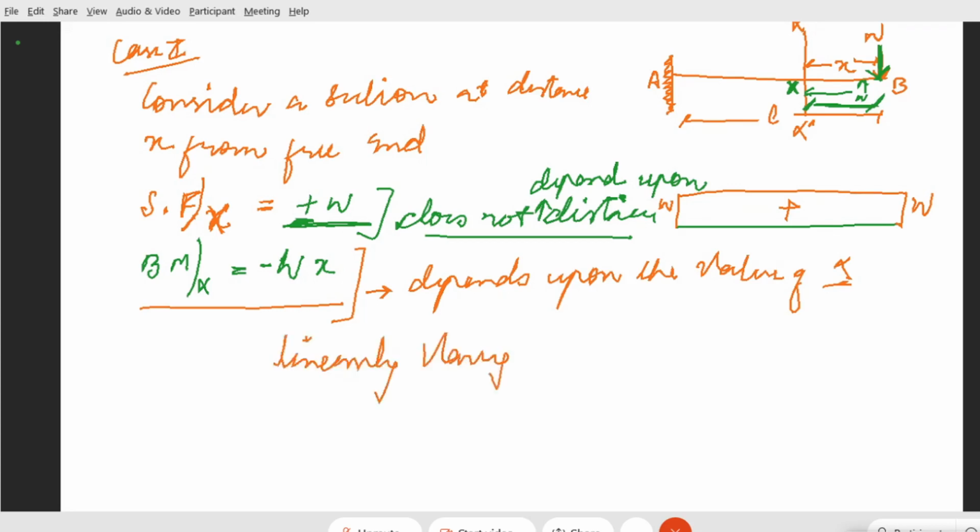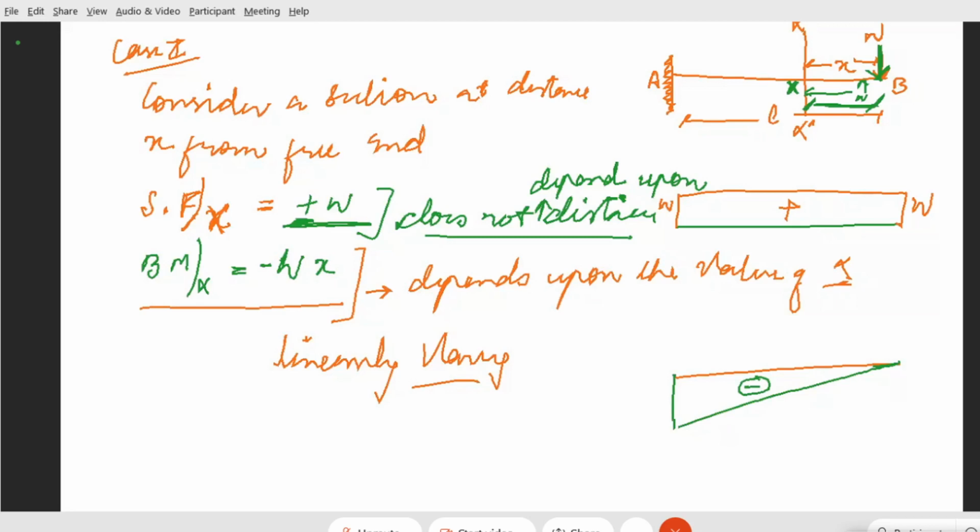Let's say this is the center line, and then point A. And again, you know that the bending moment is negative because it is hogging. The moment is linearly varying. Therefore, it will be maximum at point A, and it will vary up till point B, and it will be negative in direction.